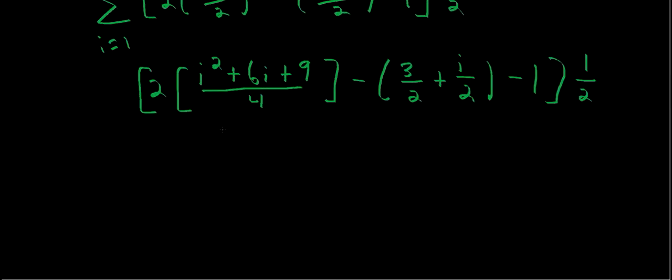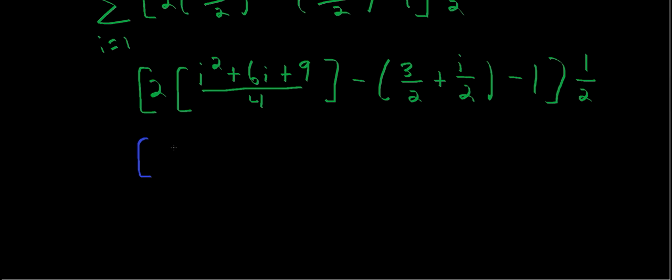Alright, so next, we can distribute our 2 here. Well, let's distribute that 2. Our 2 disappears, and we can bring out the 1/4, and then 2 over 4 is 1/2.